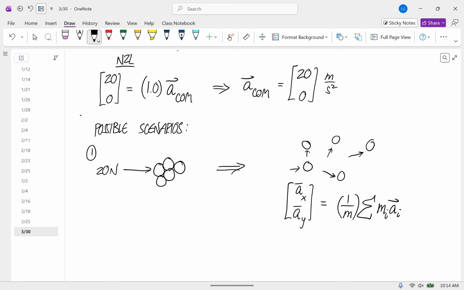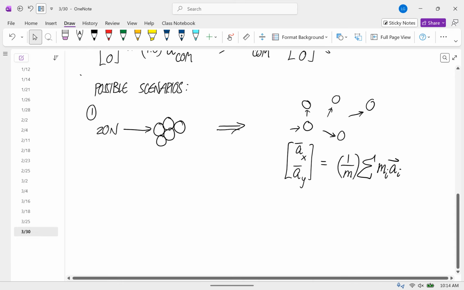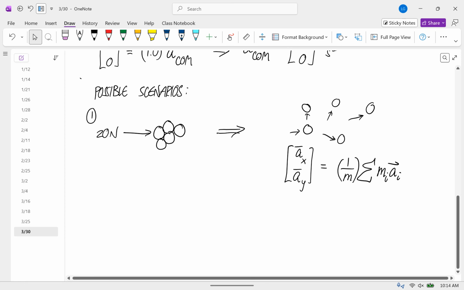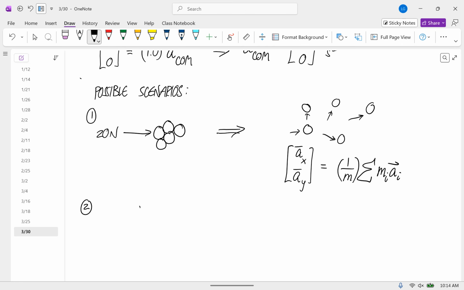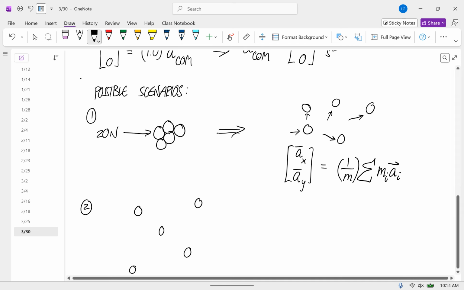But if you calculate the acceleration of the center of mass, it's going to be 20, just the same as in a second scenario where they're 50 miles apart from each other, and you just apply a 20 Newton force to this one.